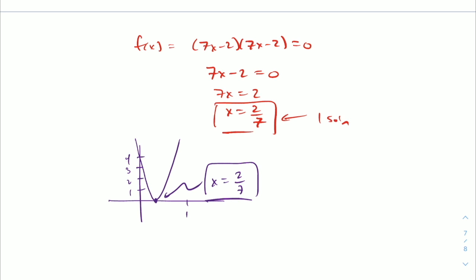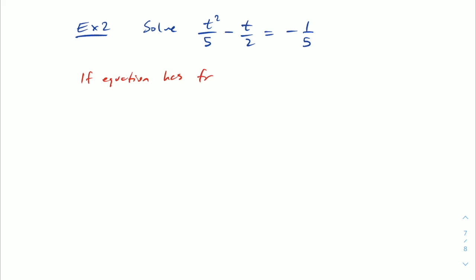All right, let's do another example. So let's solve the equation t squared over 5 minus t over 2 equals -1/5. Let me just start by pointing out a fact. If an equation has a fraction or fractions in it, we can multiply the equation by the least common denominator.